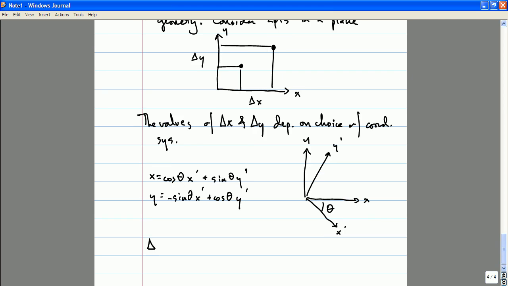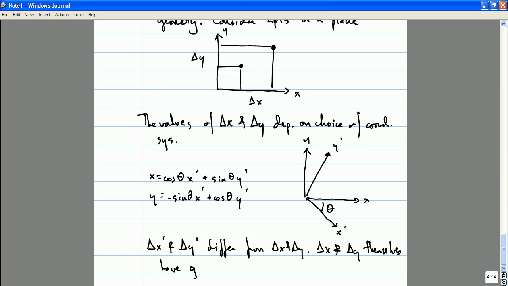Delta x prime and delta y prime, the differences between the coordinate values in the two different coordinate systems, of course, differ from delta x and delta y. Or, to put it another way, delta x and delta y themselves have no geometric meaning. The numerical values of delta x and delta y will depend on the coordinate system that you use to label these 2 points.